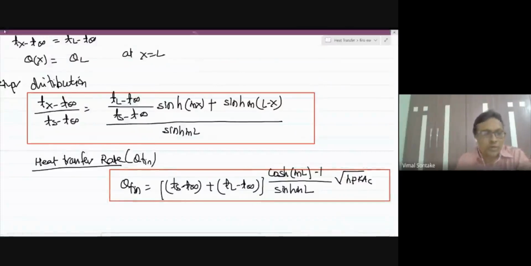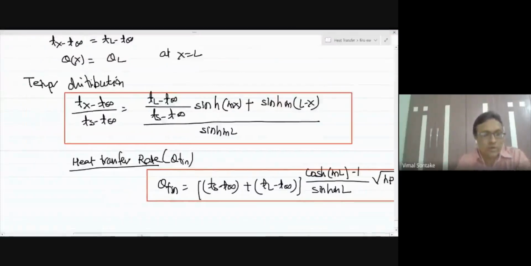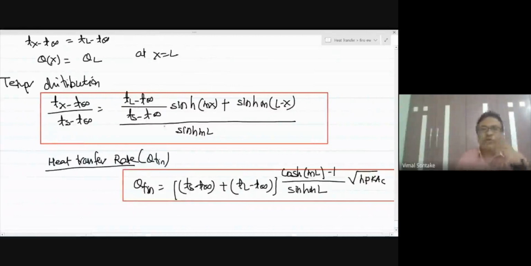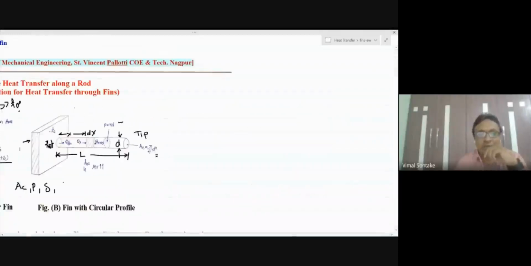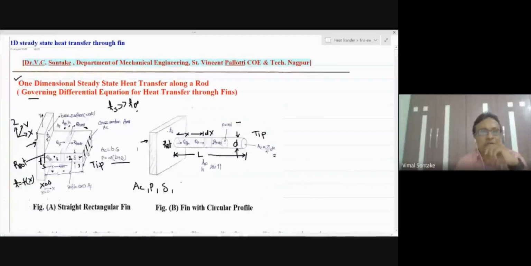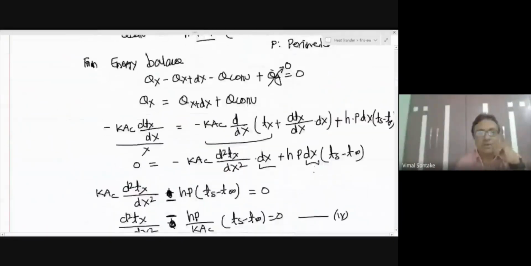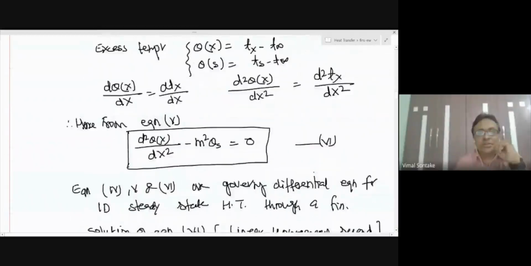So with this, I am able to cover all the 4 different cases. I started with the derivation of this governing differential equation. This is the governing differential equation, equation number 6, for one-dimensional steady-state heat transfer from the fin.